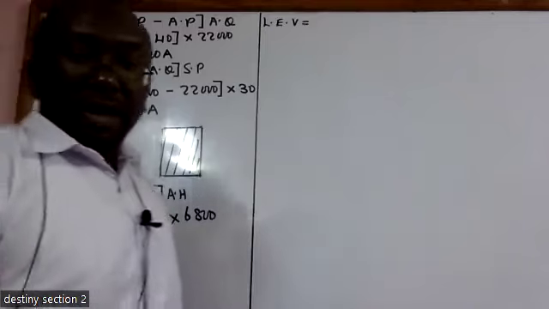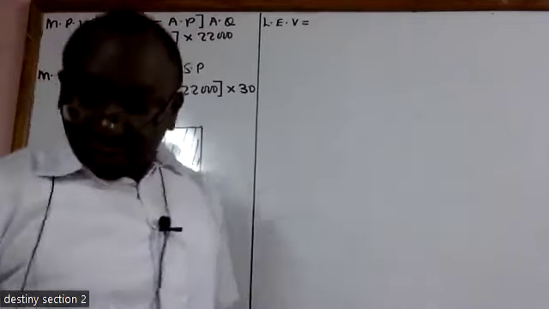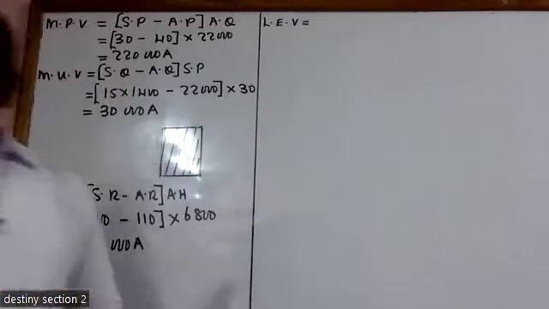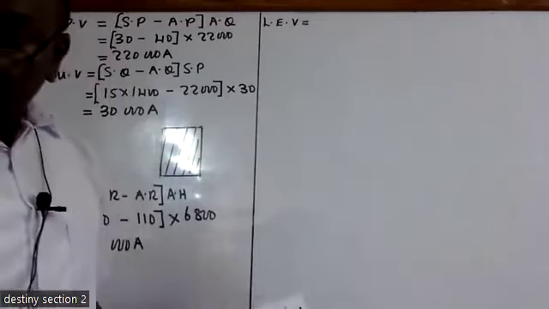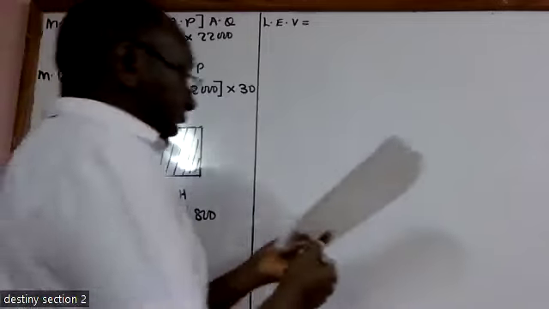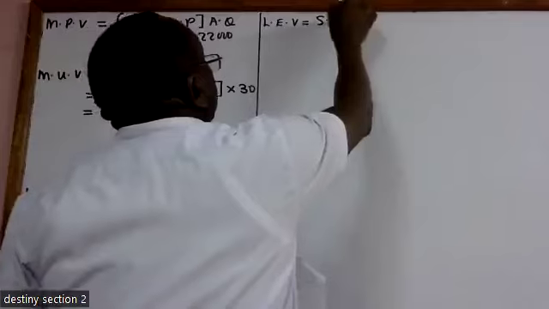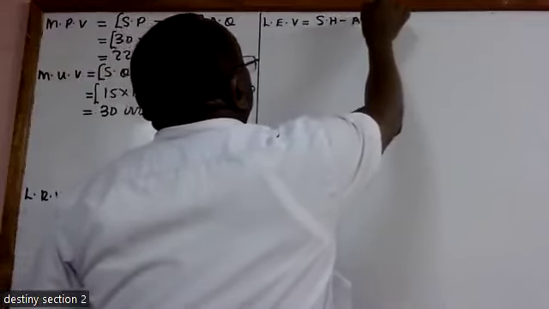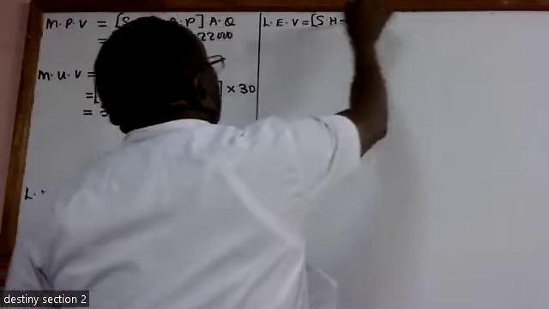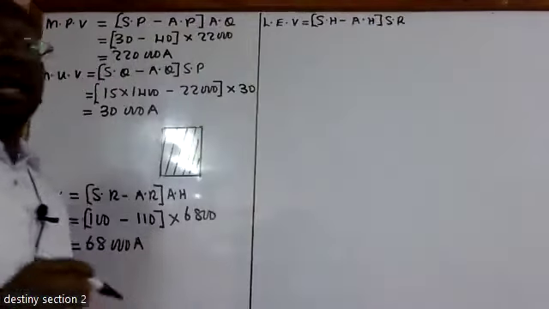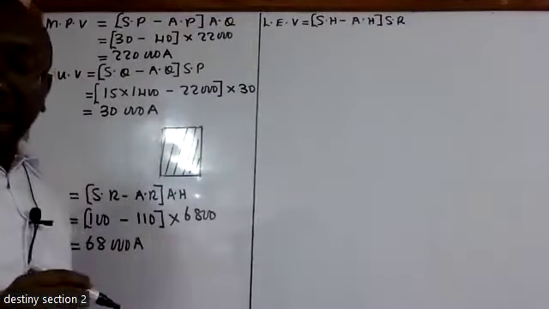So let's continue now. I was saying that the labor efficiency variance is computed as the standard hours minus actual hours, you multiply by the standard rate.